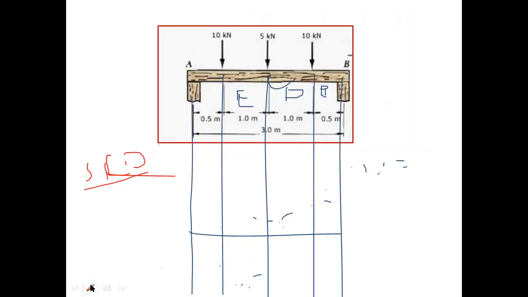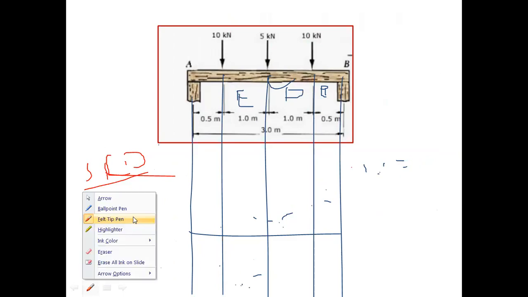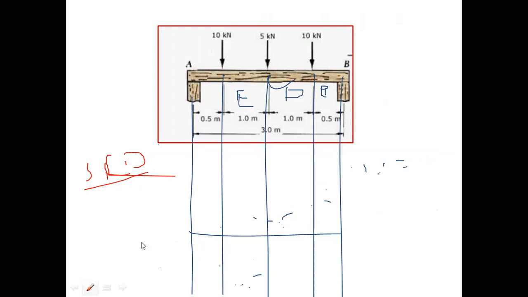So change the color, then you can really understand what I am telling you. Then easily you will understand the value of the BM. This one is equal to 0. This one also 0. The value at C is 6.25. This portion is drawn as a straight line.